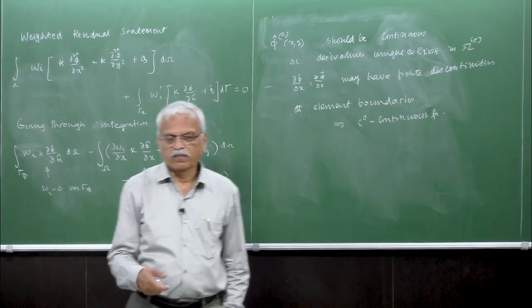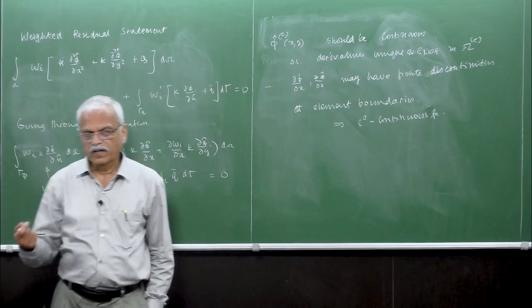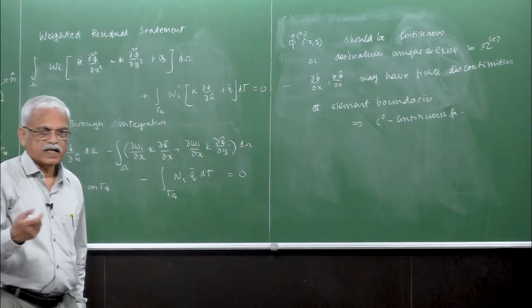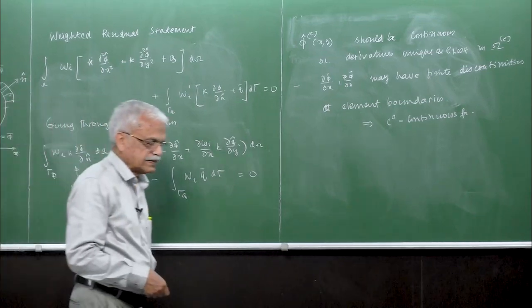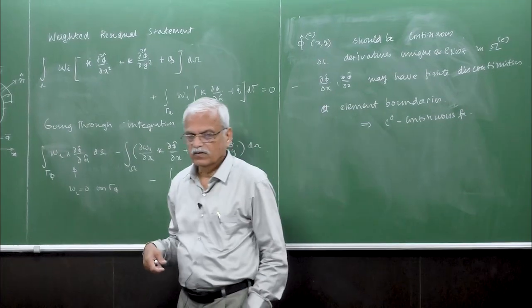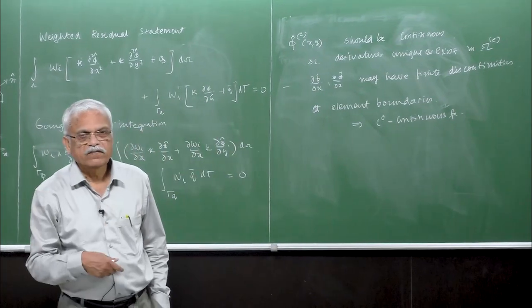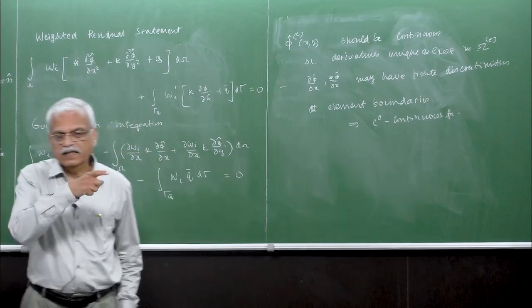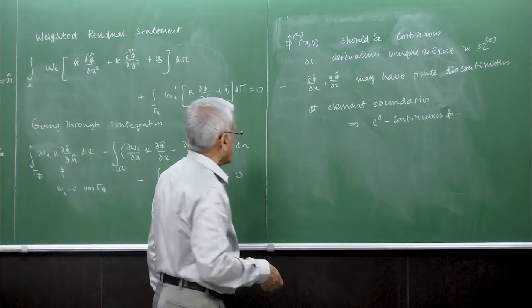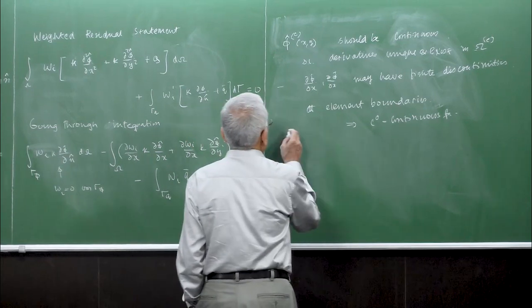What we mean by that is that at the element boundary there is non-uniqueness of the function, but still we can regularize the function by joining it smoothly, and then we can go ahead with the integration, and in the limit it happens to be the integration over each element. So that is the important part here.